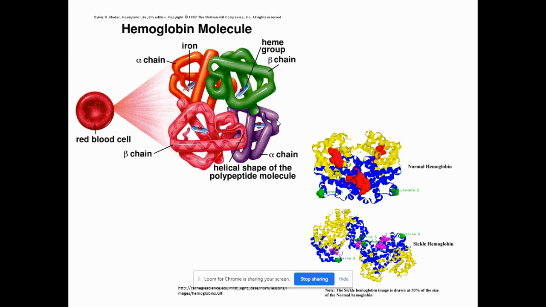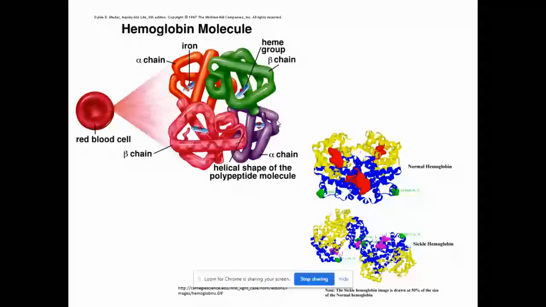It helps the red blood cells carry oxygen to your body cells. If the structure of the hemoglobin is messed up, such as in sickle cell anemia, it doesn't have the correct structure, and then it inhibits the function of carrying oxygen.